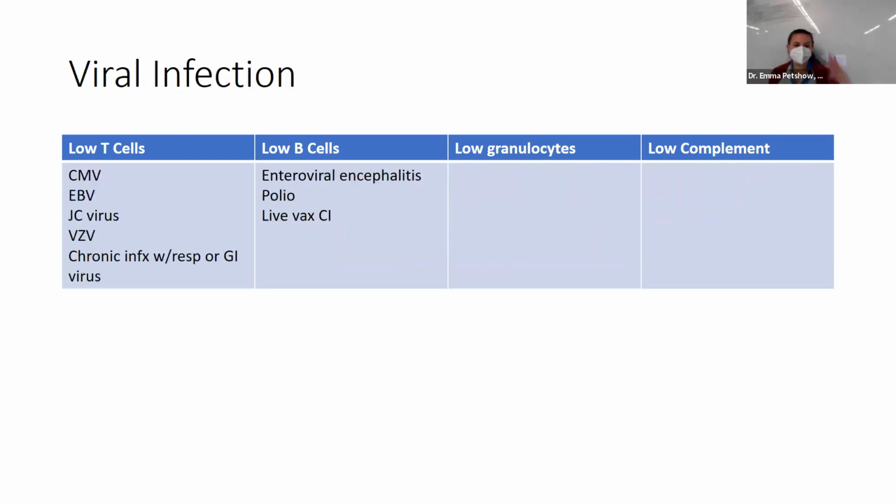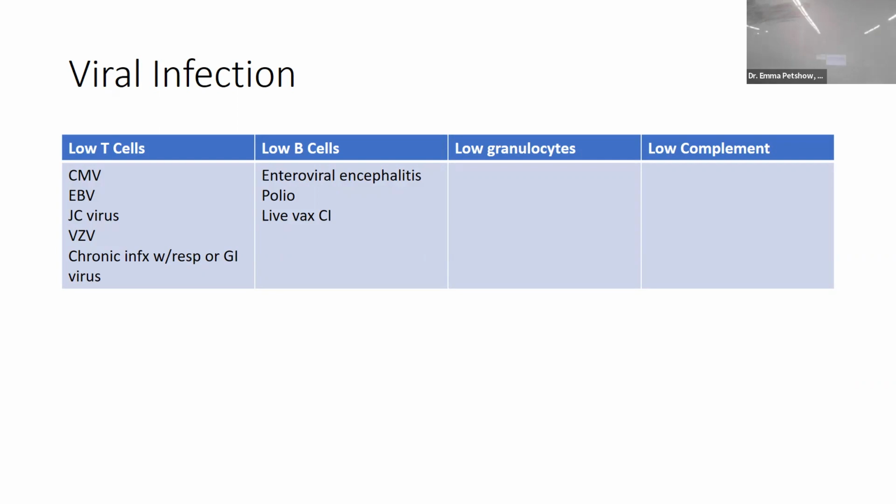Viruses that can affect us. I just think of low T cells and low B cells. If we have low T cells, our T helpers and T killers are low. Cytomegalovirus and Epstein-Barr are going to be big ones. Other ones on your list: VZV, varicella zoster, so shingles and chickenpox.